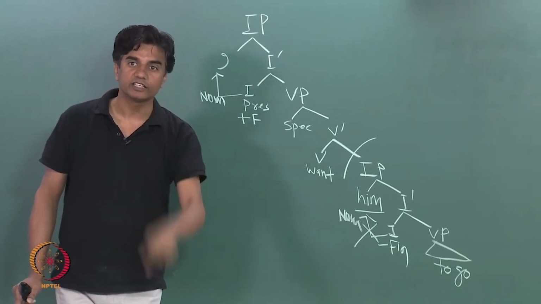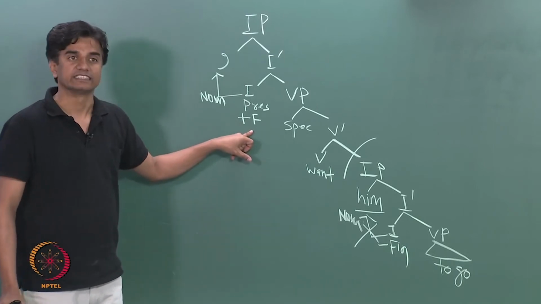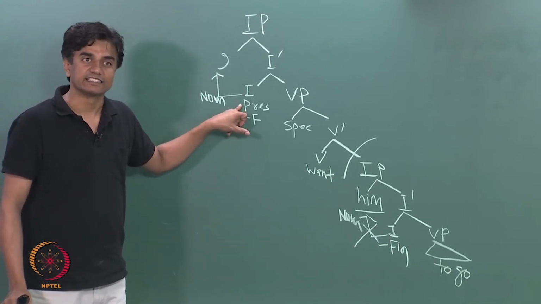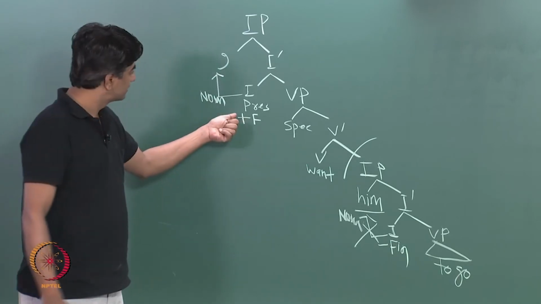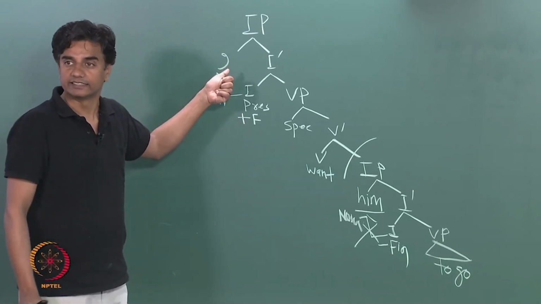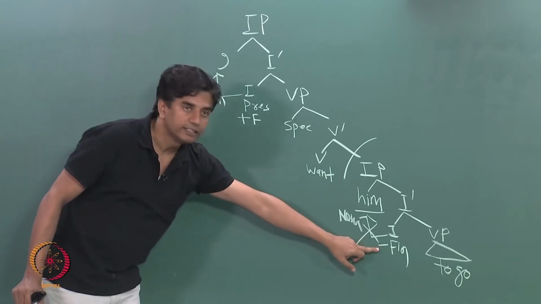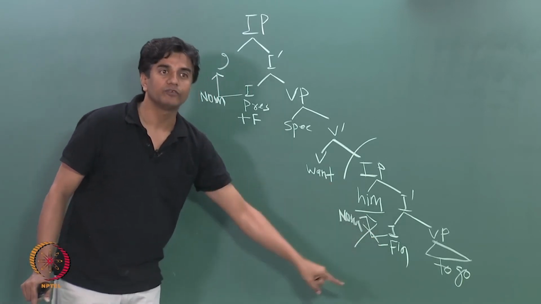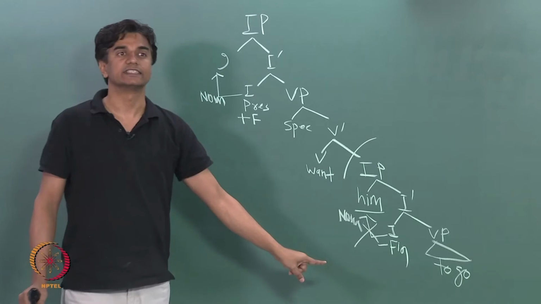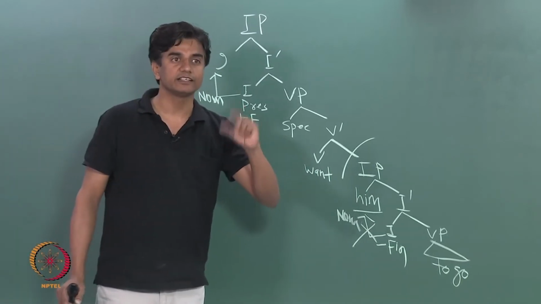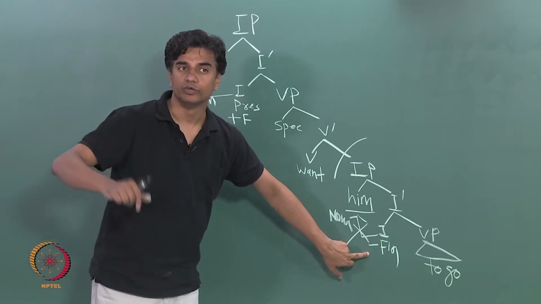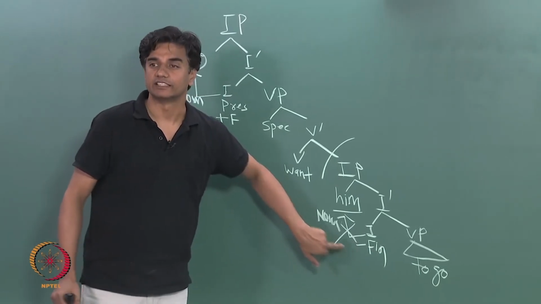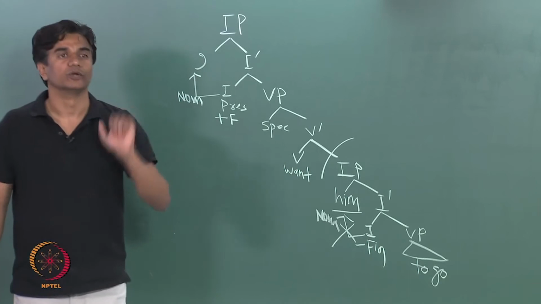What assigns nominative case actually is the finiteness, is tense, and other features which are bundled under it, which is what is responsible for nominative case. This lower I, being non-finite, having no tense, is the limiting factor for this I not assigning nominative case to the subject NP of the lower clause.